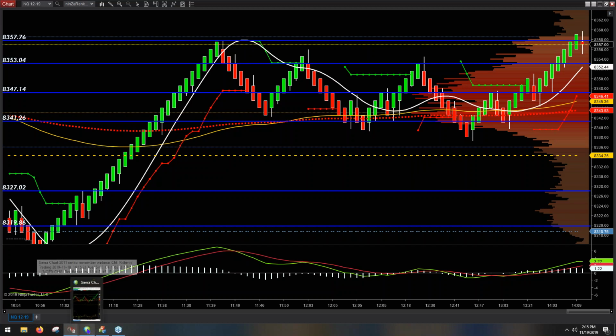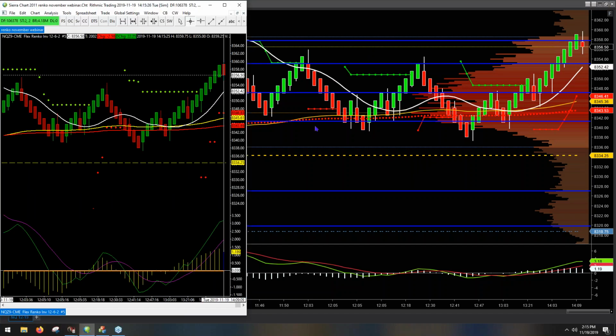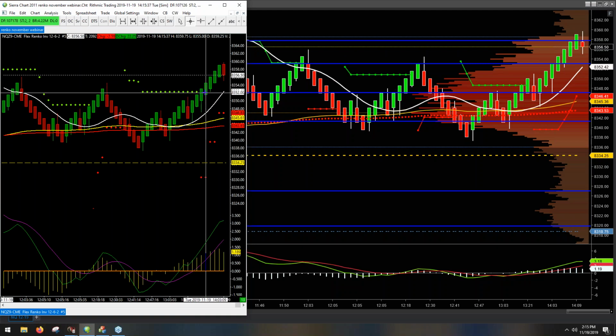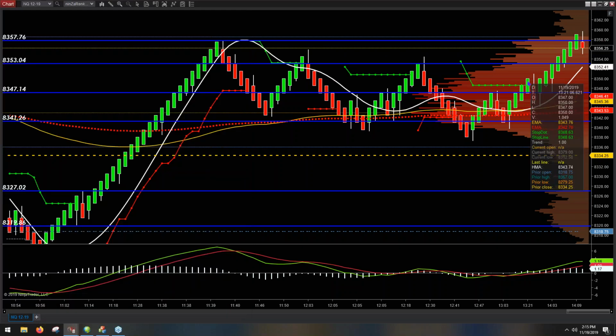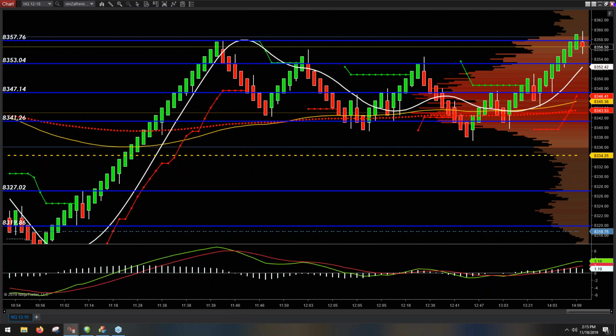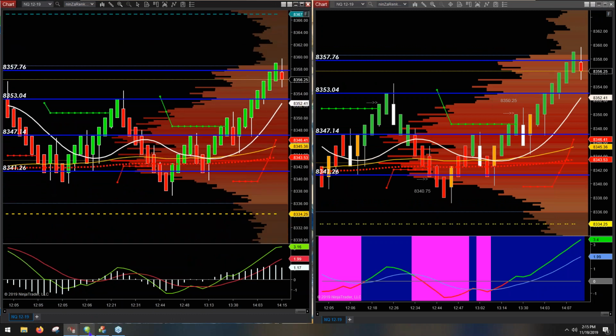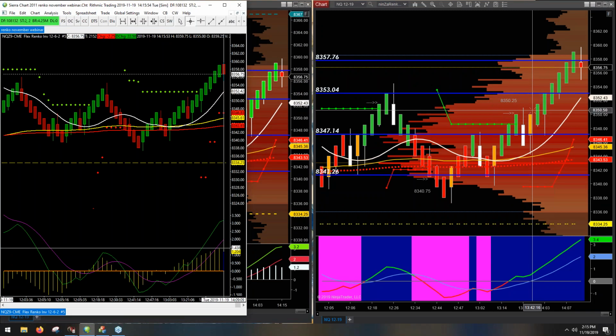So sometimes there are slight differences, and mainly they're pretty close, but if we're chopping around sideways, there could be a slight difference between where the super trend is plotting. And so this buy here, valid on Sierra, entry would be 53.25, where here on Ninja it was 50.25. So a slight difference, but you're going to find it's not going to matter. Sometimes it'll be a little better on Sierra, sometimes a little better on Ninja, and either way they're going to both work out.